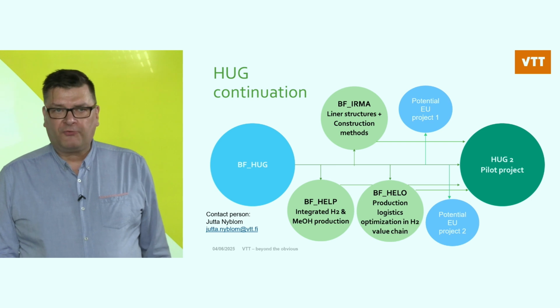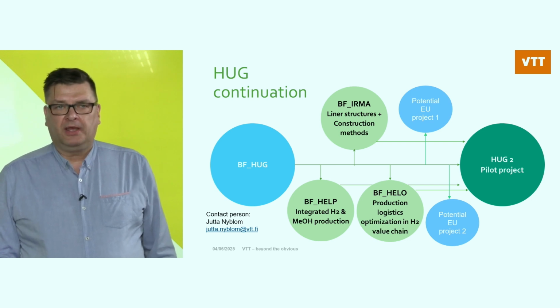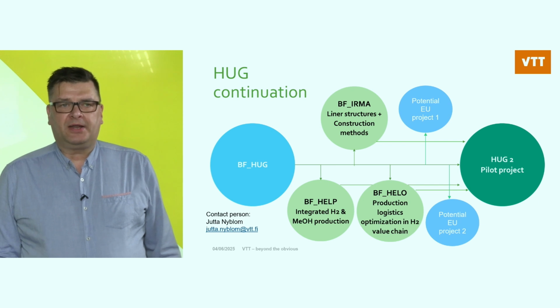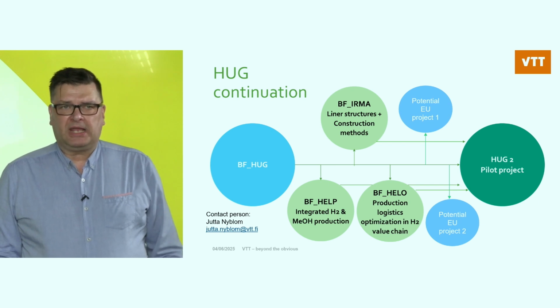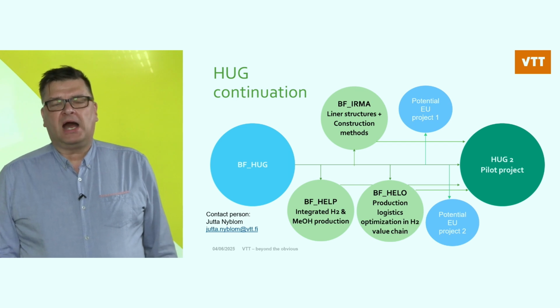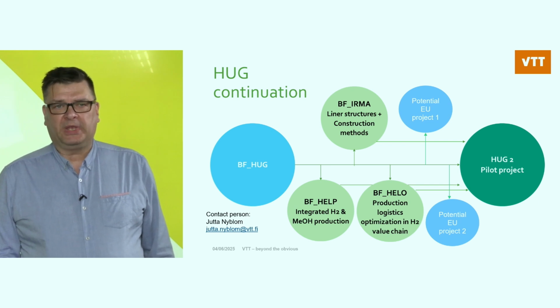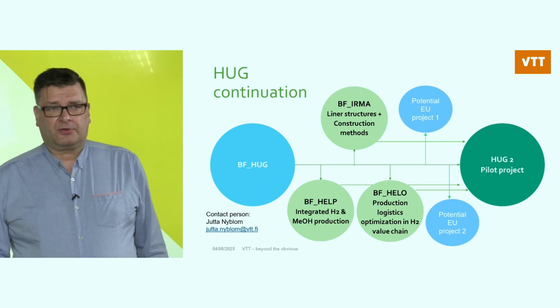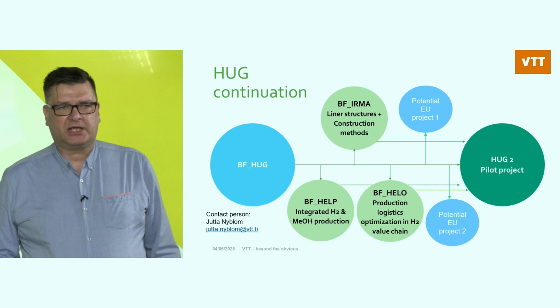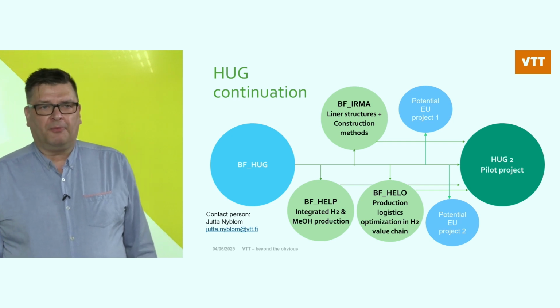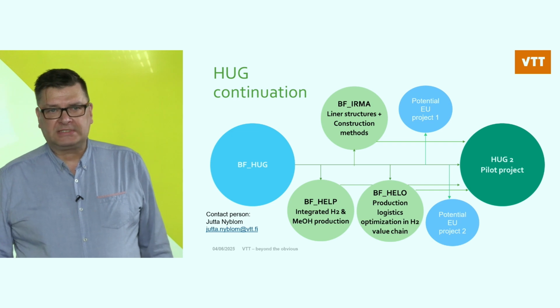And of course there is room for potential EU projects, but at least we should have some kind of further answers after the HAC research before starting so-called HAC 2, which is aimed to be a pilot project to construct a pilot hydrogen storage. And the contact person or coordinator of these actions you can see on the bottom left corner of this slide.